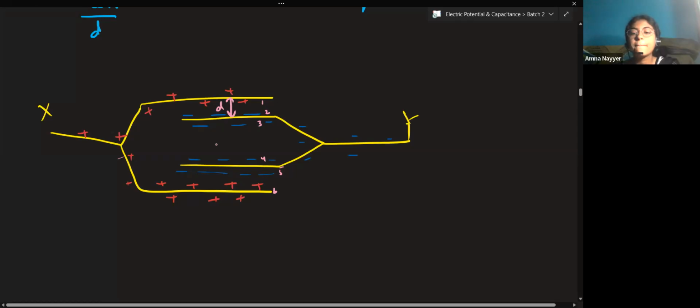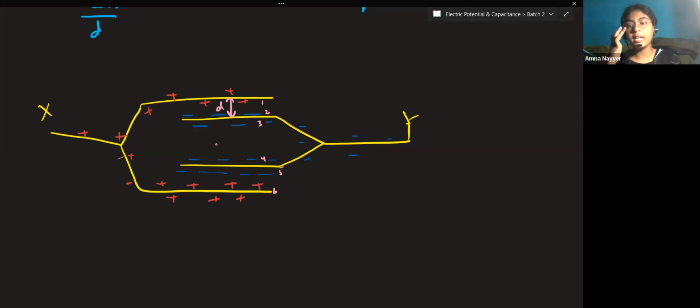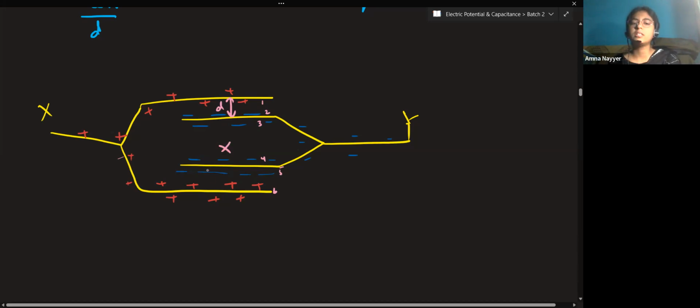Because both are negative, and you cannot have a capacitor with the same polarity. The condition for a capacitor is that one has to be negative and the other positive. That is the case we have always seen. It means there's no capacitor over here. Now, this negative plate and positive plate form a capacitor.